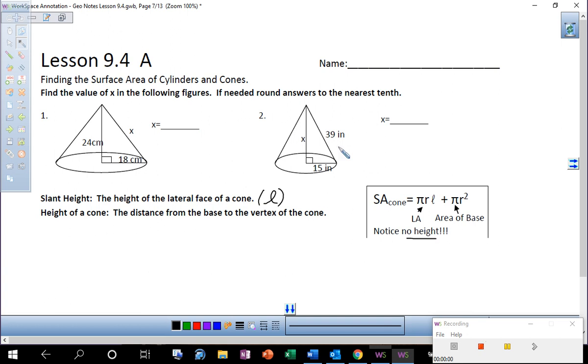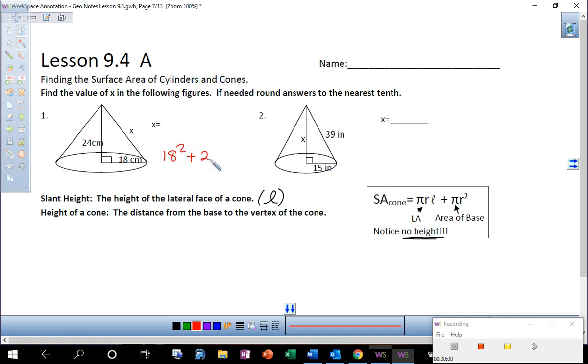So these first two problems are just a quick review, making sure we remember how to find that lateral height if we don't know it, or being able to find the actual height. So Pythagorean theorem, you guys should be pretty good at this by now. We've got 18 and 24 as our two short sides.